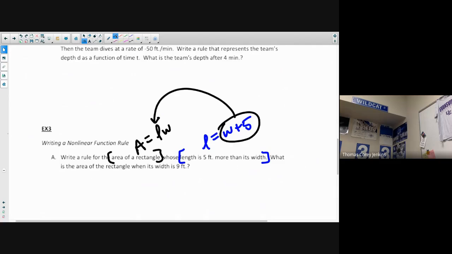Okay, so that would just be A equals L times W plus 5. And then we want to simplify by just, sorry, I think I subbed in for the wrong place. Yeah, so that'd be W plus 5 times W. I was going to say that doesn't look right.